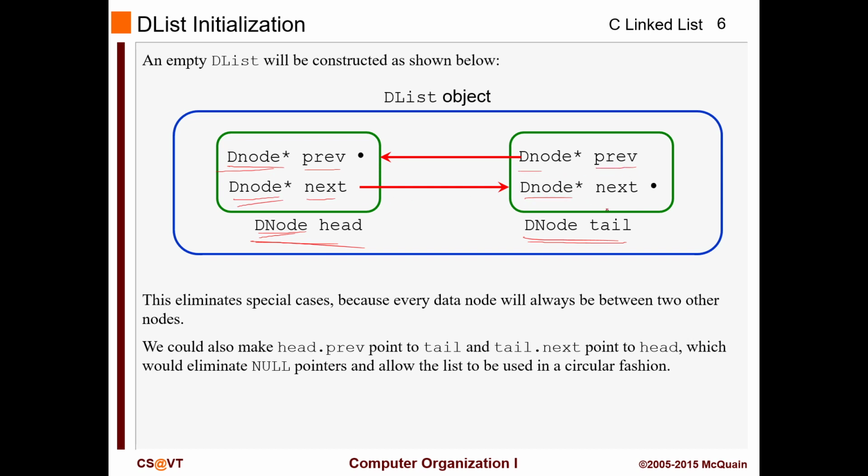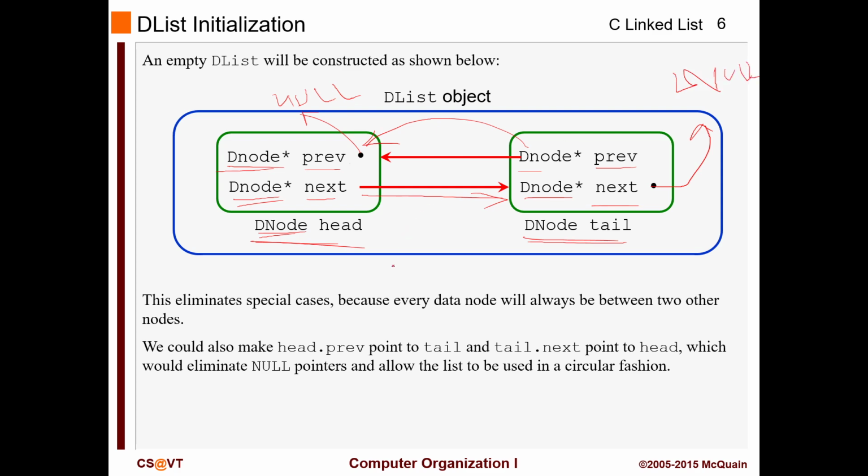Same for tail. At the initialization, the previous is going to point to null, since it doesn't have a previous, but the next is going to point to the tail. Same goes for tail. Tail's previous is the head, but its next doesn't point to anything, and it's null.